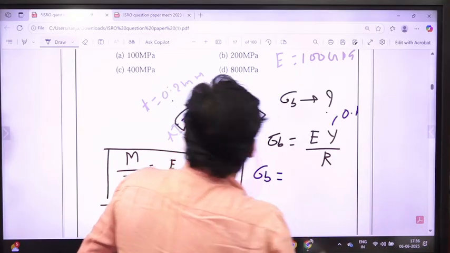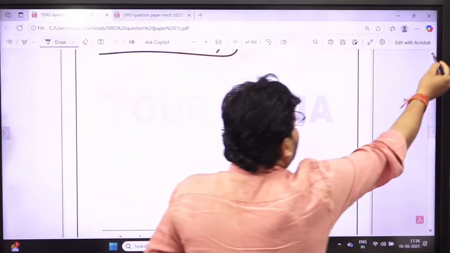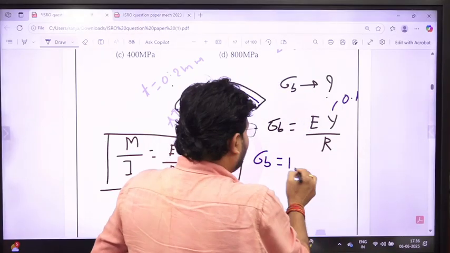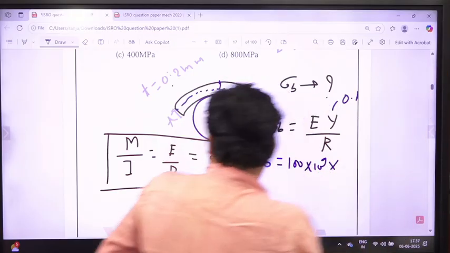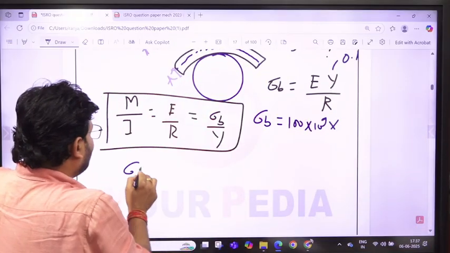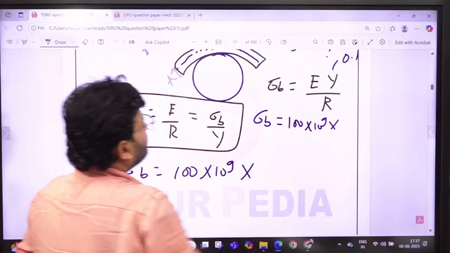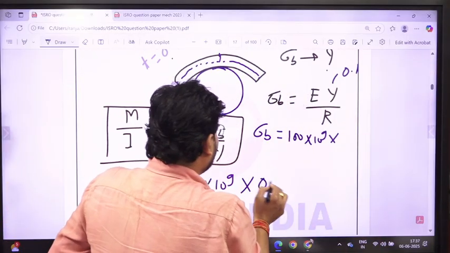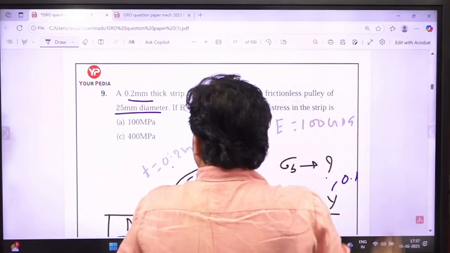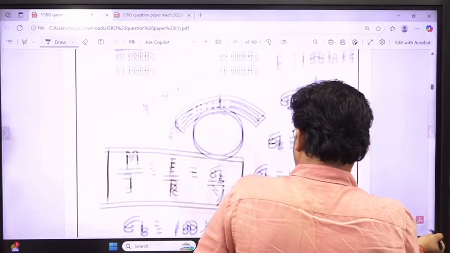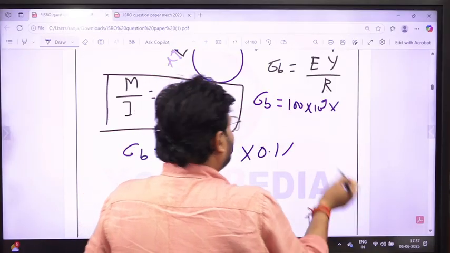Sigma B is equal to E, 100 gigapascal, so 100 into 10 to the power 9, into Y, which is 0.1 mm, upon R. The mm will get cancelled out because in the denominator also mm is coming.